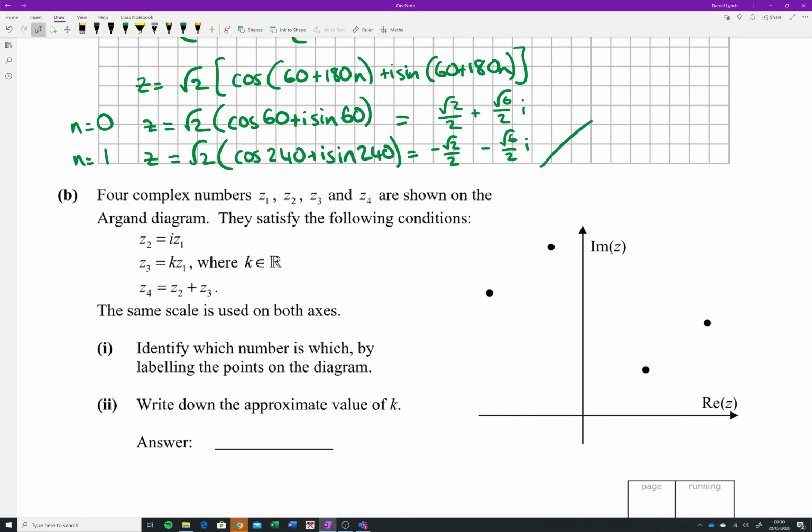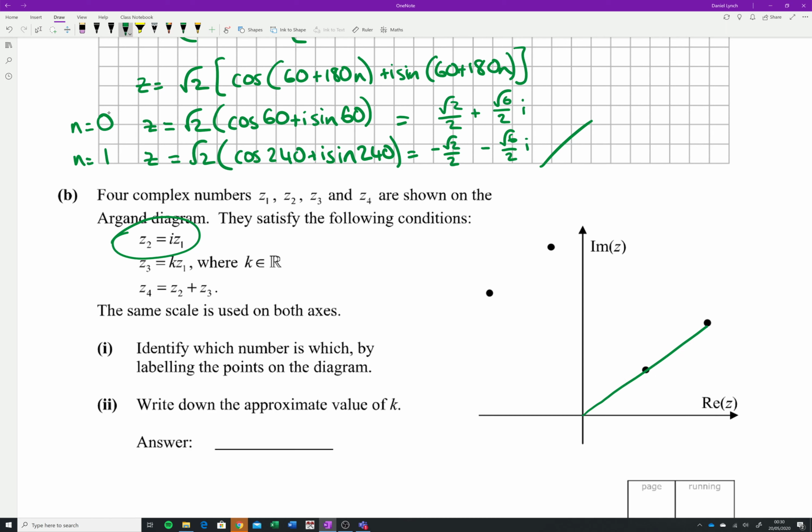Remember, when you take a number and you multiply by i, it rotates it 90 degrees. So here it says Z2 is Z1 times i. So Z1 was there, it got multiplied by i, and it went 90 degrees. Well, if we have a look, what has moved 90 degrees? The length is preserved, by the way, when you multiply by that.